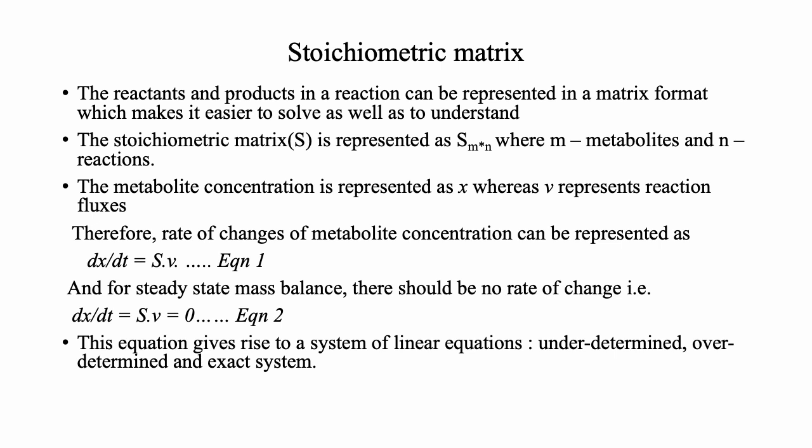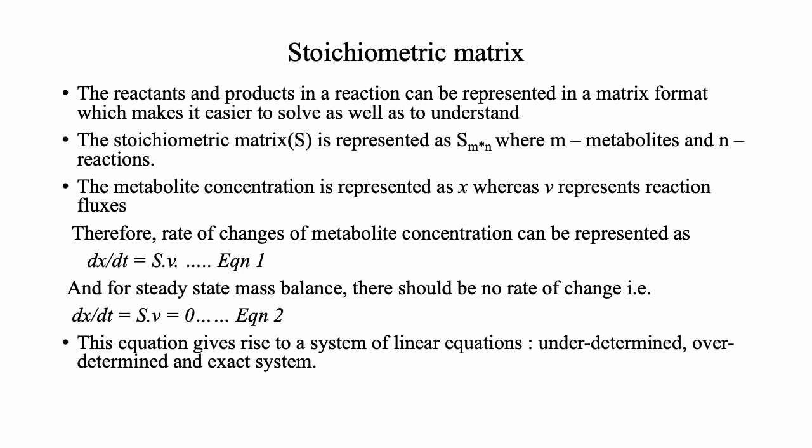Mathematically, the basic understanding of flux balance analysis is the understanding of the stoichiometric matrix. The reactants and products in a reaction can be represented in a matrix format, which makes it easier to solve as well as to understand.